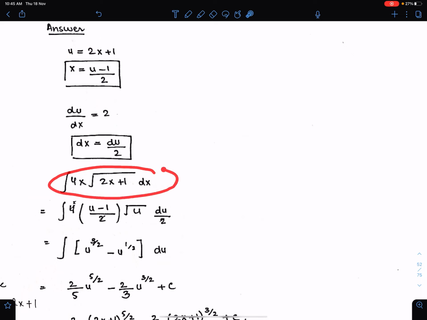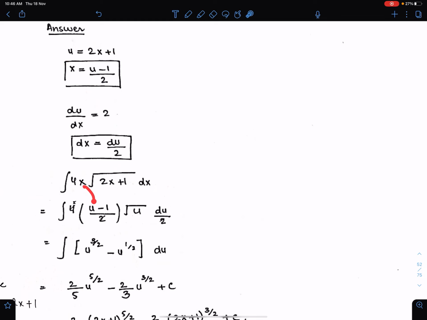First copy the question. So 4 is here, and this will become u. In fact, this will become under root u, because 2x plus 1 is u. So this is under root u, and for this x, just make x the subject from this given substitution.